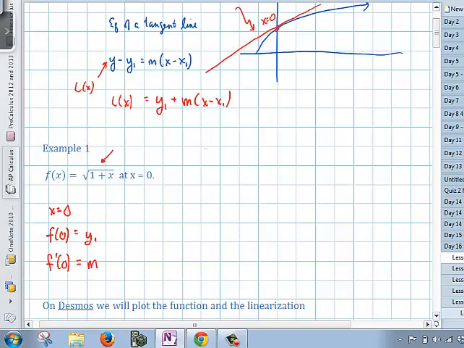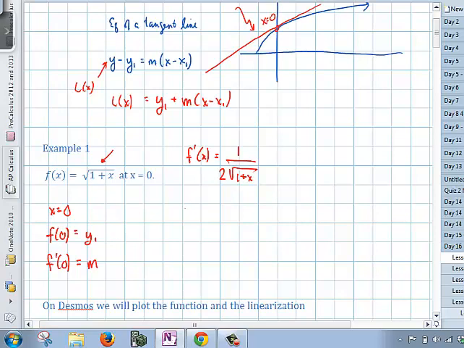So let's do that. Remember what the derivative of a square root function is. The derivative is 1 over 2 root 1 plus x. There's no need for the chain rule because the chain rule derivative would be 1.